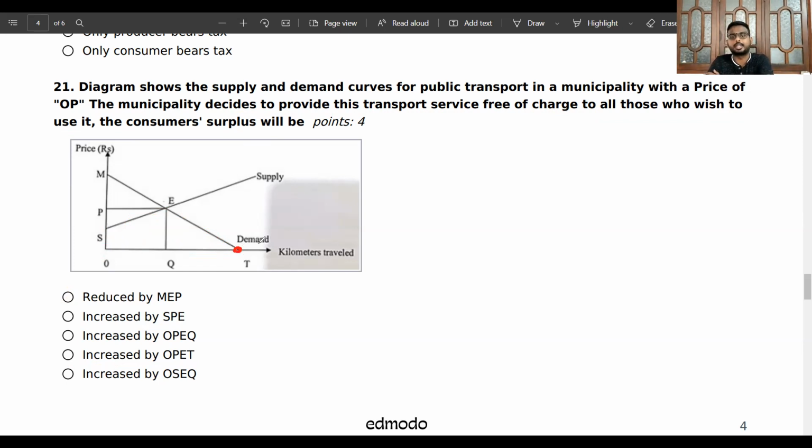Consumers are getting the whole thing because the municipality has decided to give the product free of charge to everyone who wants it. Based on that only we have this demand point. So that's why I took that point and did the question. Right? So the answer is the fourth one, OPET.